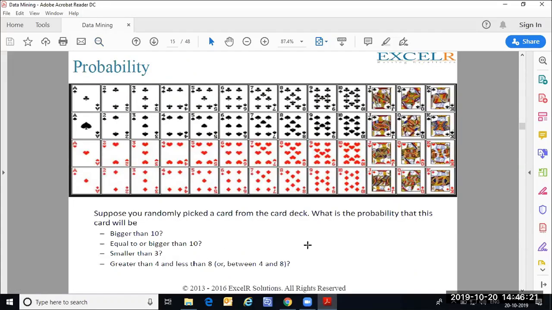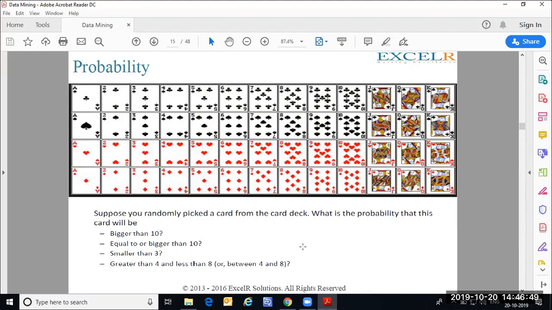Now, how many cards will we have in a deck? 52. How many symbols we will have in a deck? 4 symbols. How many colors will we have in a deck? 2. Men are always men.